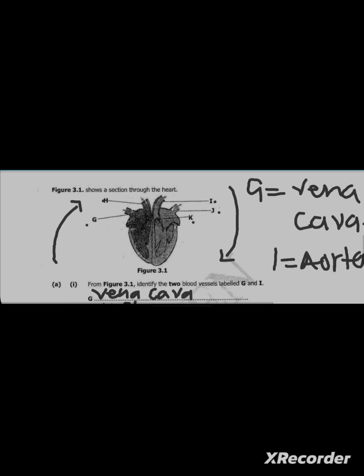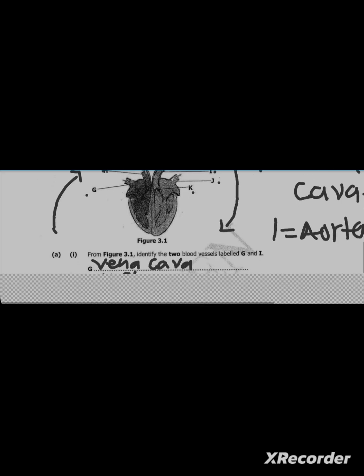So here I've got J, which is just a pulmonary vein. And I, we said I is just an aorta. So how are we going to describe? Very easy. It's not something weird.